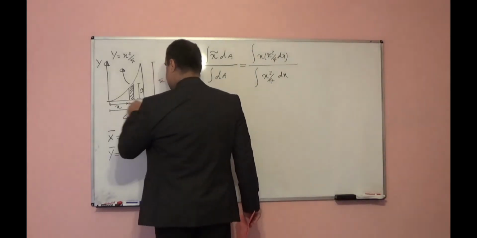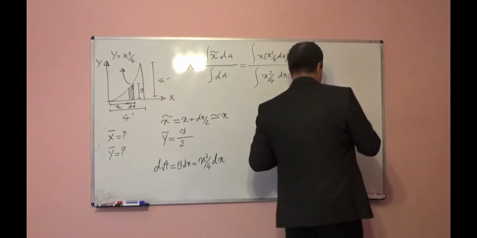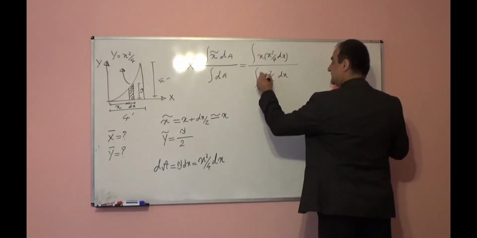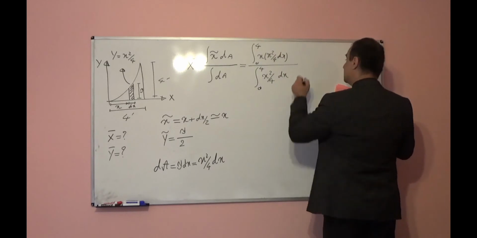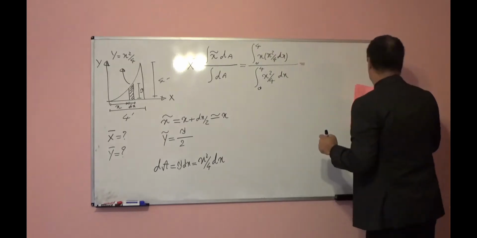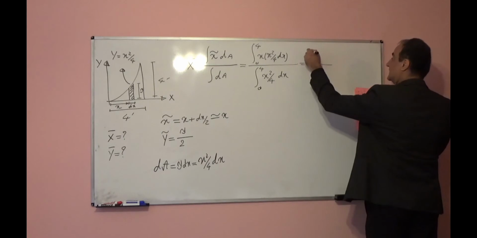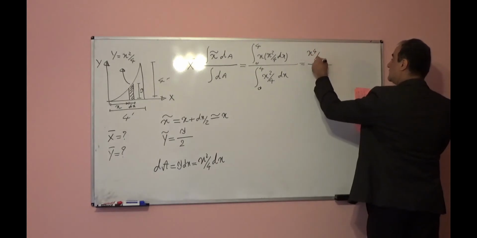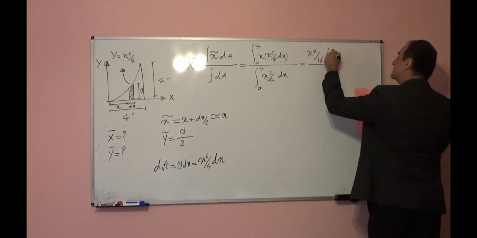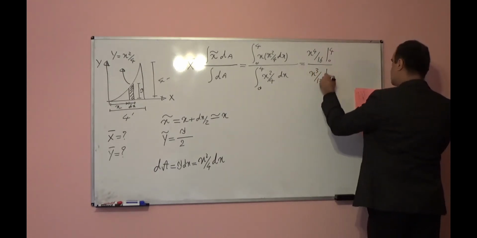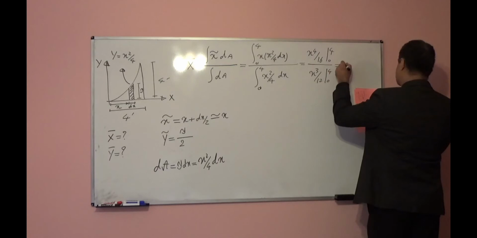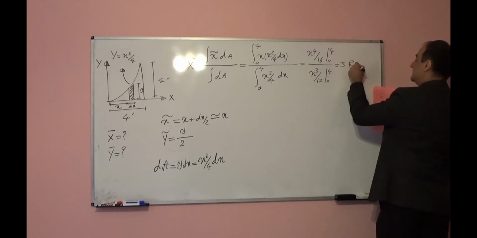X varies from 0 to 4. From here, if I integrate this, I will end up with x to the power of 4 over 16 from 0 to 4, divided by x cubed over 12 from 0 to 4. The answer will be 3 feet.